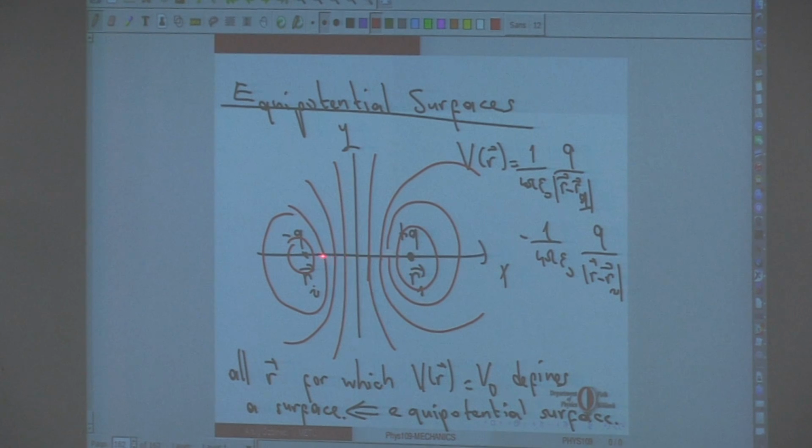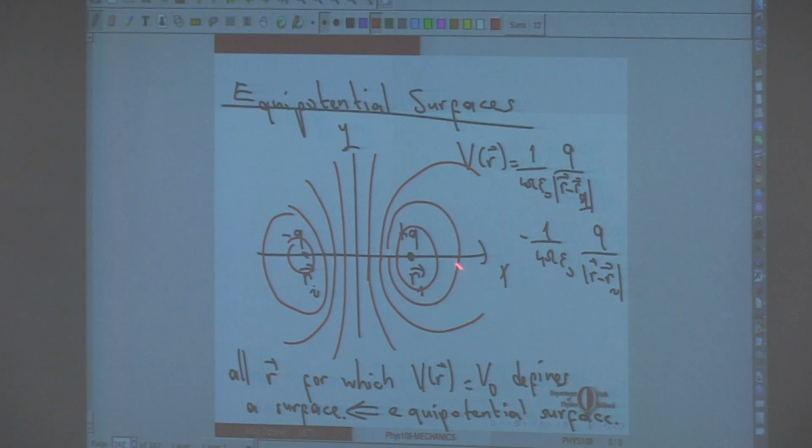If you look at here, the potential changes very fast. Because you start from very large values here, we know that the potential goes to very small values over here. So the change is really fast. But we know that the change in the potential in a given length is nothing but the electric field. So this already tells us the magnitude of the electric field is larger when the equipotential surfaces are denser. So if you have more equipotential surfaces in a given length, the electric field at that point will be much, much larger.